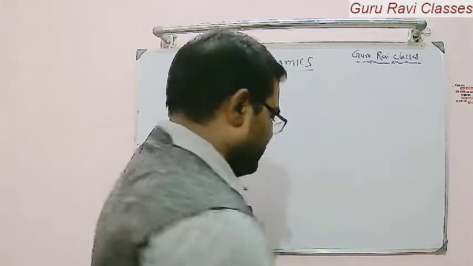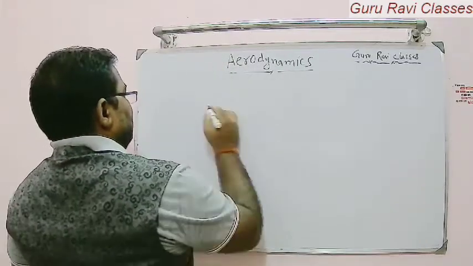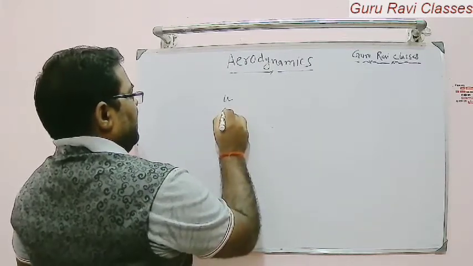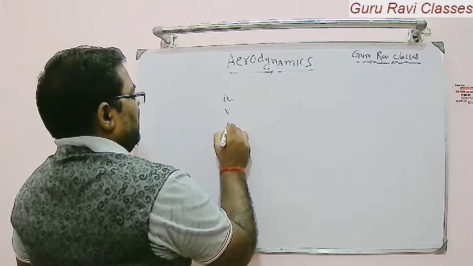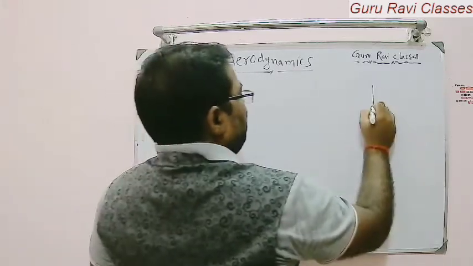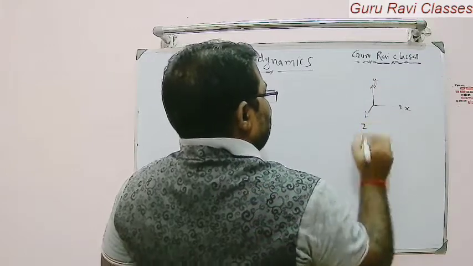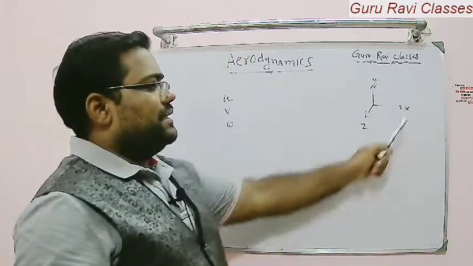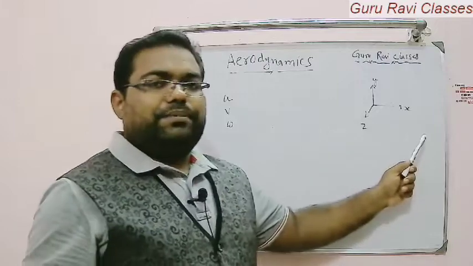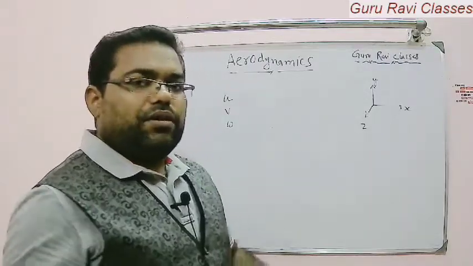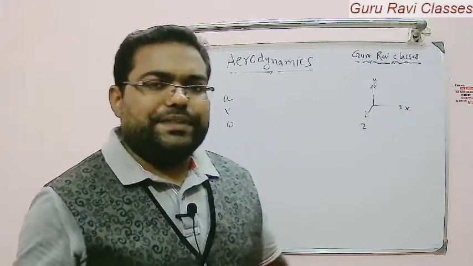So as per this, velocity in the x direction is small u, velocity in the y direction is v, and velocity in the z direction is w. If I represent it like this, this is x, this is y, this is z. So the velocity in the x direction is u, the velocity component in the y direction is v, and in the z direction is w, and all these velocities are functions of space coordinates.